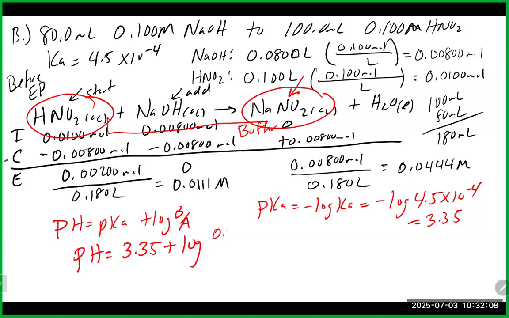So that's going to go up on top. And our acid will go on the bottom. And that's going to get us here 0.0444 divided by 0.0111. And a little log action plus a 3.35. And that's going to get us at this point in the titration a pH of 3.95. Any questions on any of the parts there?